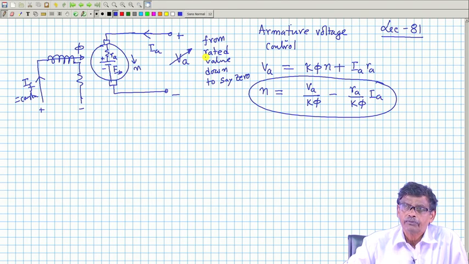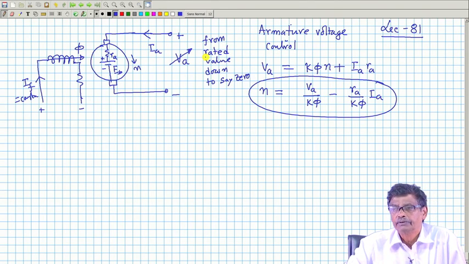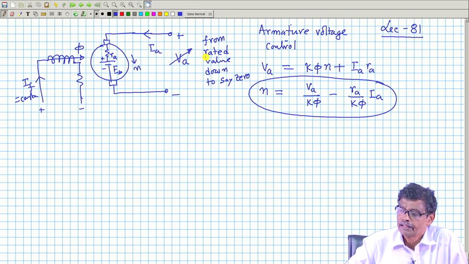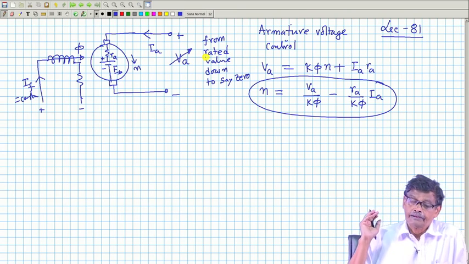If it is a 220 volt machine, the range of variation of V A will be between 0 and 220 volt.